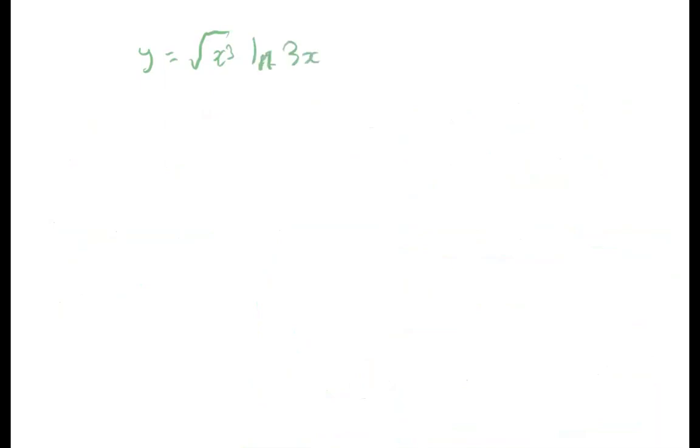So we've got one function of x, which is the root of x cubed, multiplied by another function of x, ln 3x. So what have we got to do to this bit to be able to differentiate it?